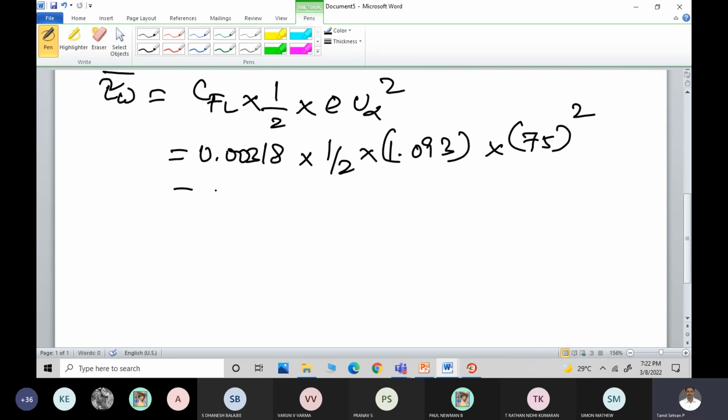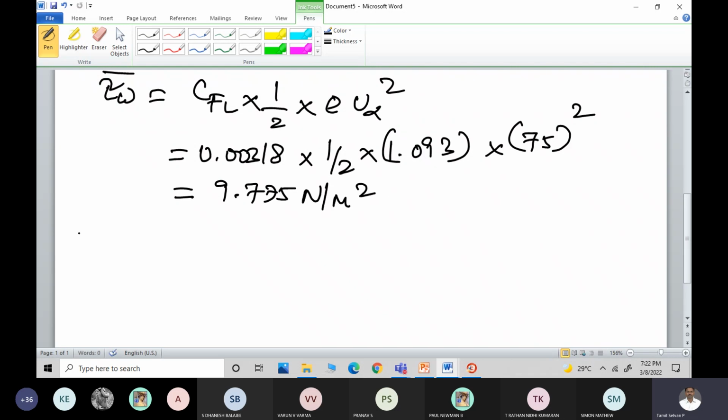It will be in Newton per meter squared, right? Shear stress. 9.775, sir. 9.775 Newton per meter squared.